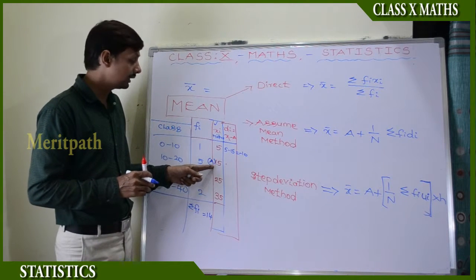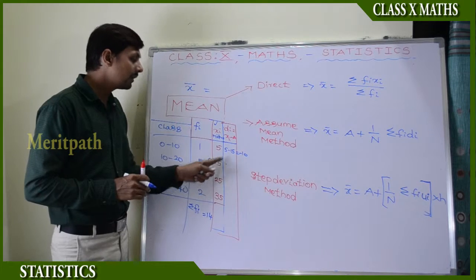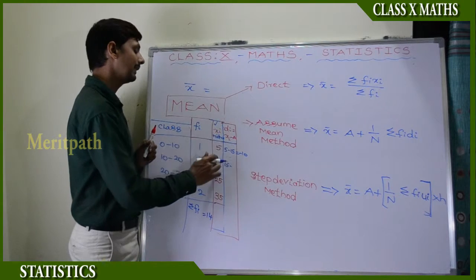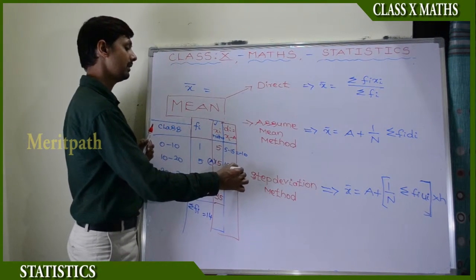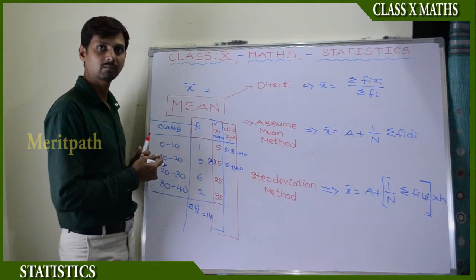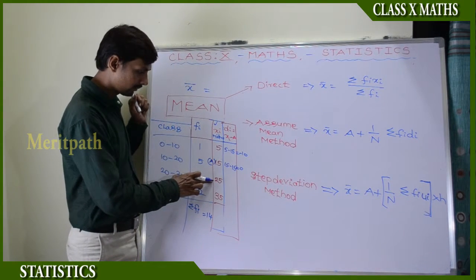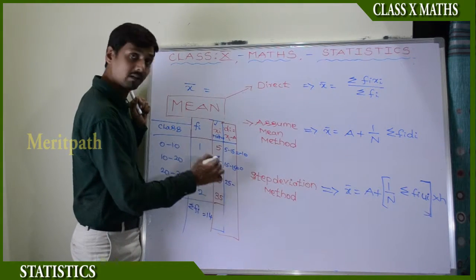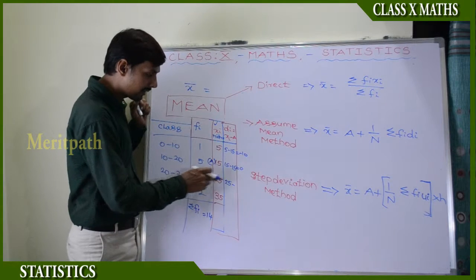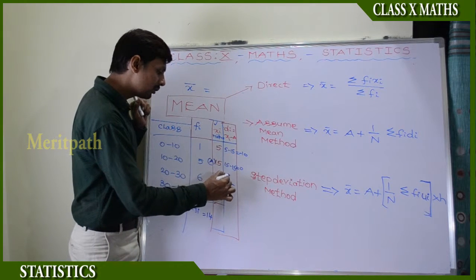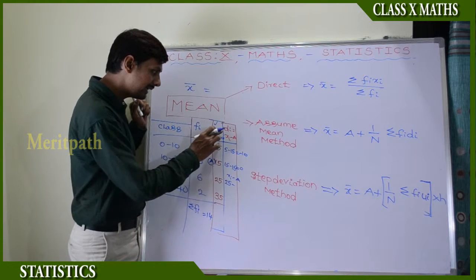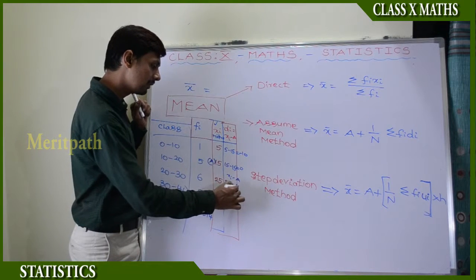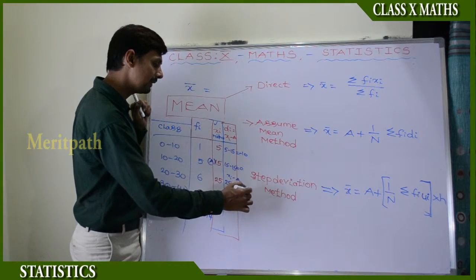The next observation: xi is 15 and a is also 15, so the deviation will be 0. Next, xi is 25 minus a, which is 15, so 25 minus 15 is 10.